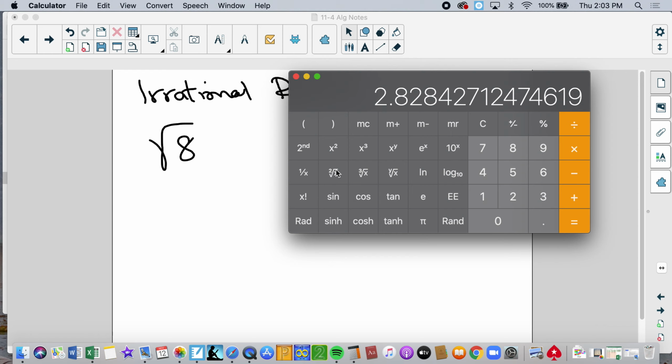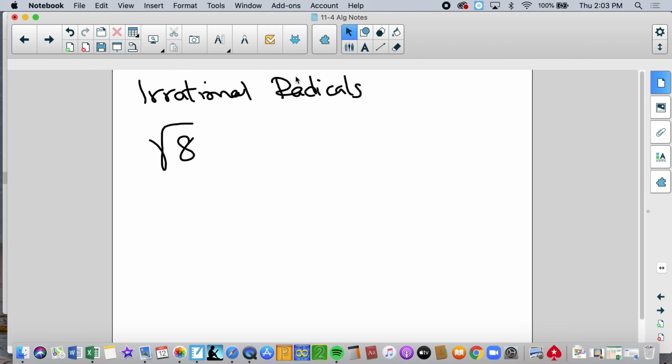And we notice that there is no pattern with those numbers, and so they do not repeat. It's called non-repeating. So an irrational number is a number that does not repeat and does not end. Non-terminating, non-repeating.